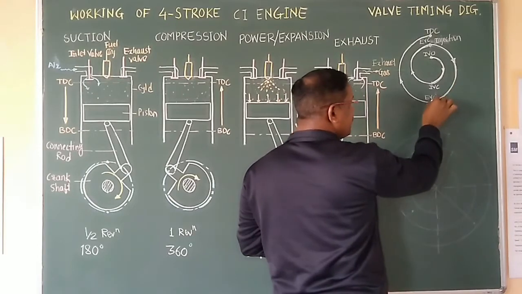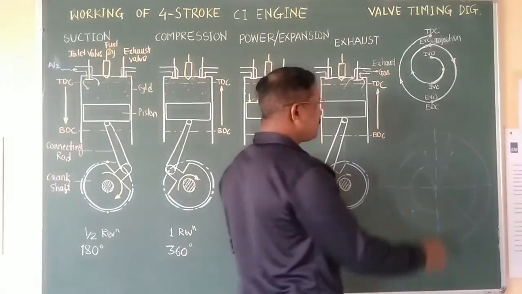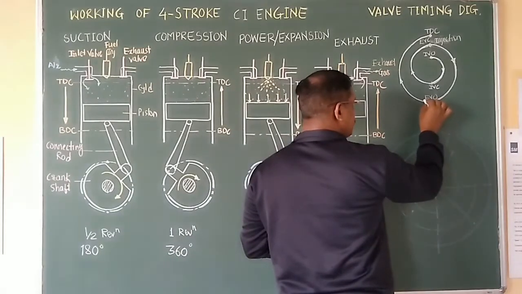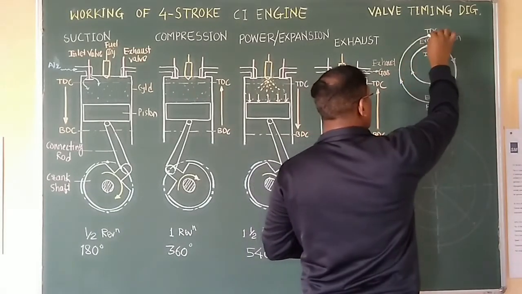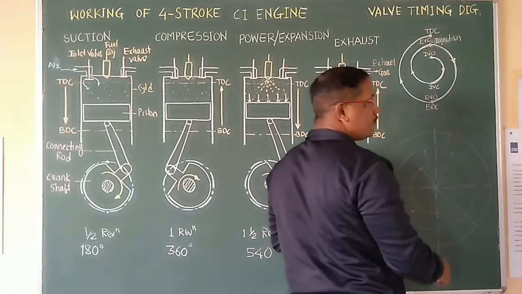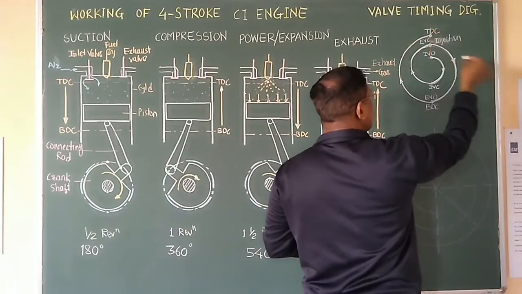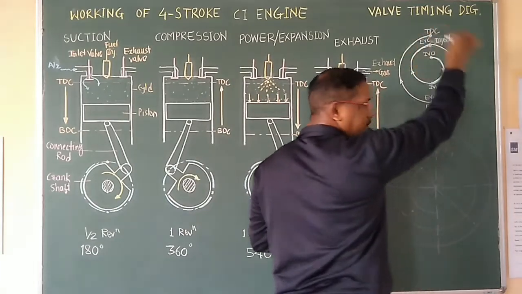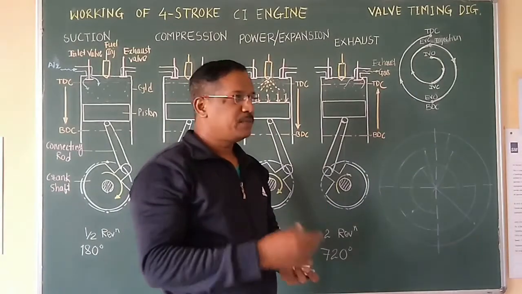When the piston reaches BDC, the exhaust valve opens. Then whatever the piston movement towards TDC, all exhaust gases are pushed out from the exhaust valve, and the exhaust valve gets closed at TDC, then for the second cycle the inlet valve opens. So our cycle gets repeated.